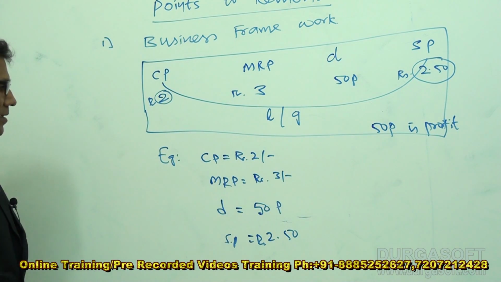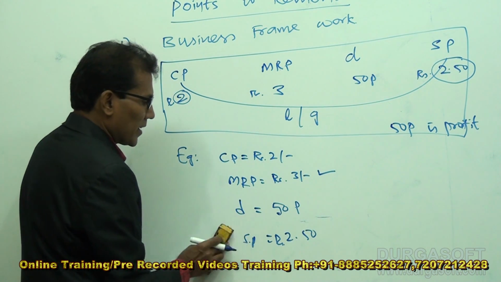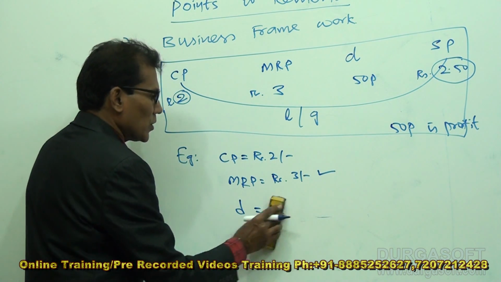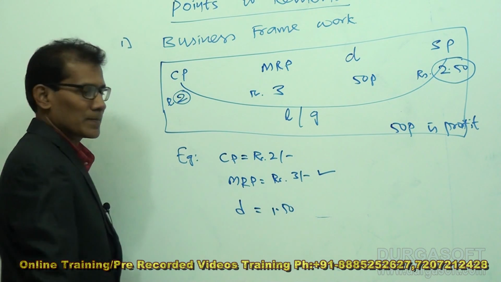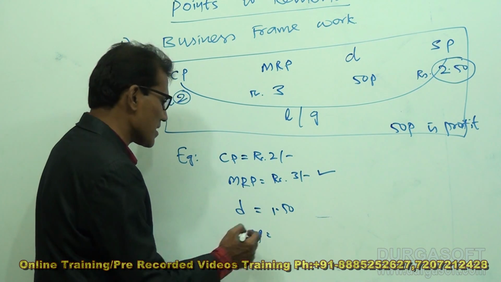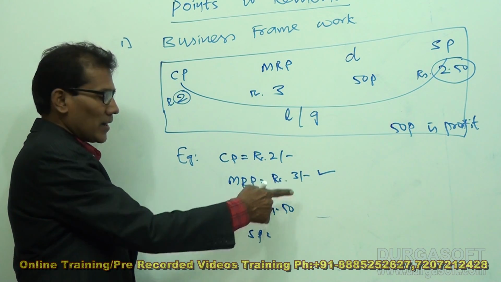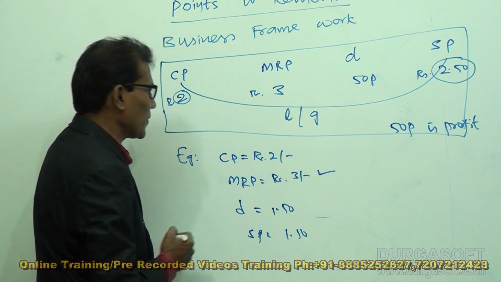In another case, 3 rupees is the marked price and I could offer a discount of 1 rupee 50 paise. Then what could be the selling price? 3 rupees is marked and 1 rupee 50 paise is discounted, so I should sell it for 1 rupee 50 paise.